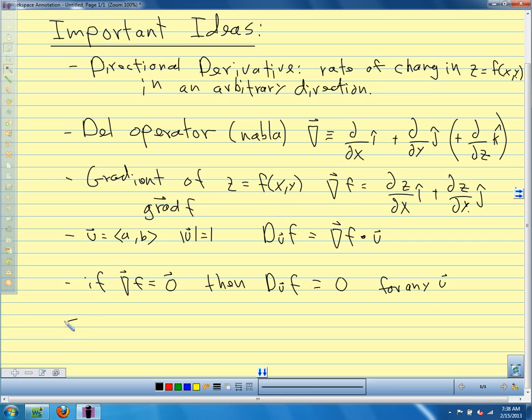Our second property of the gradient was that del f gives the direction of the maximum directional derivative.